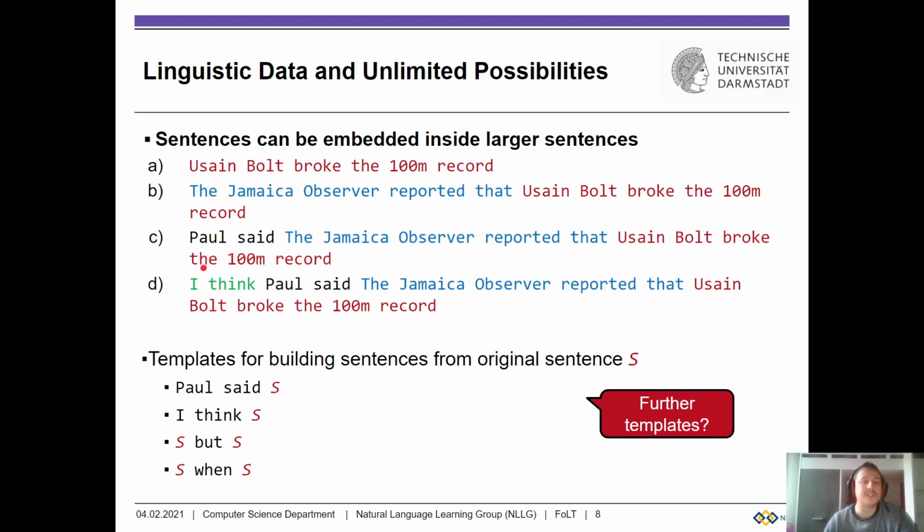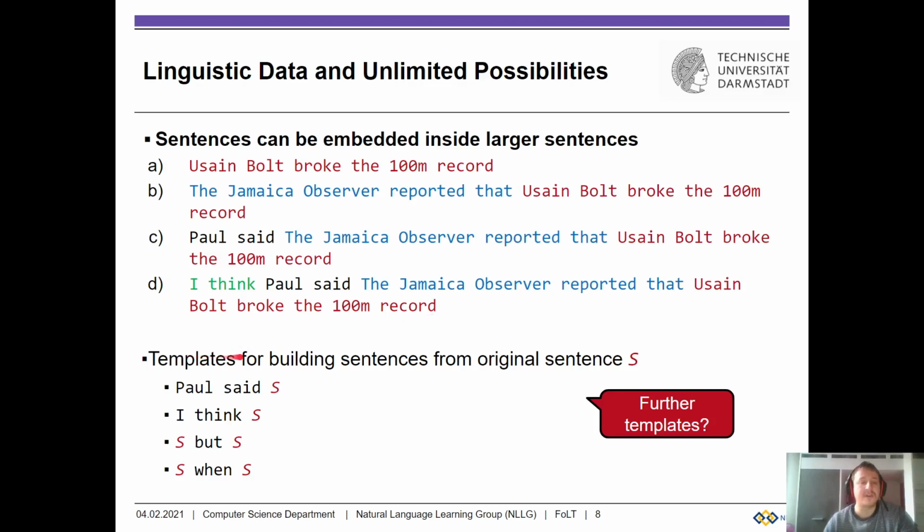And we can continue with this process apparently indefinitely by, let's say, using another construction such as I think S double prime, right? So I think Paul said the Jamaica Observer reported that Usain Bolt broke the 100-meter record.